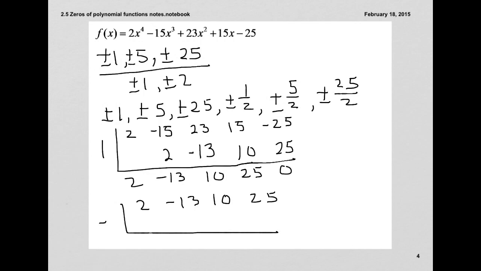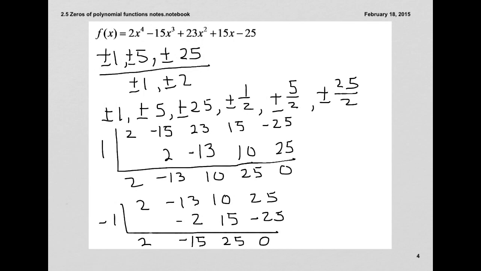So I'm going to try negative 1. So I bring down the 2. Negative 1 times 2 is negative 2. Negative 13 and negative 2 is negative 15. Negative 1 times negative 15 is 15. 10 plus 15 is 25. And negative 1 times 25 is negative 25. And that gives me 0.